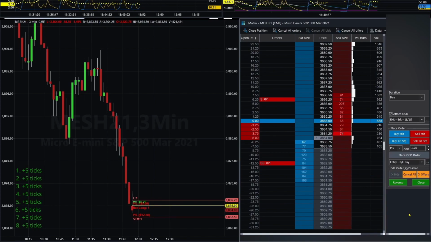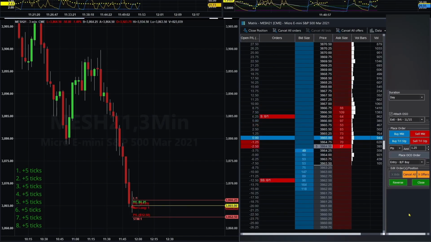That's why you cannot trade one-to-one reward to risk, because due to momentum and volatility, sometimes, well, most of the time, it will take out the stop loss. It's very difficult, and really, I don't like to trade without a stop loss.